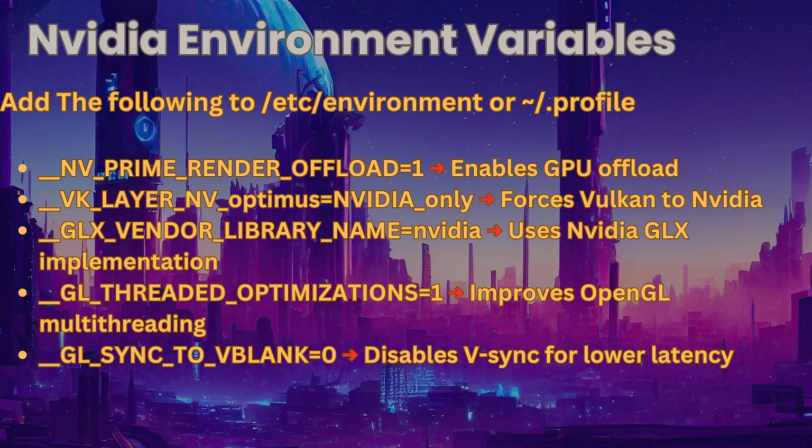NVIDIA environment variables. These variables make sure apps use the right GPU and driver. __NV_PRIME_RENDER_OFFLOAD=1 enables GPU offload. __VK_LAYER_NV_optimus=NVIDIA_only forces Vulkan to NVIDIA. __GLX_VENDOR_LIBRARY_NAME=nvidia uses the NVIDIA GLX implementation. __GL_THREADED_OPTIMIZATIONS=1 improves OpenGL multi-threading. __GL_SYNC_TO_VBLANK=0 disables vsync for lower latency.